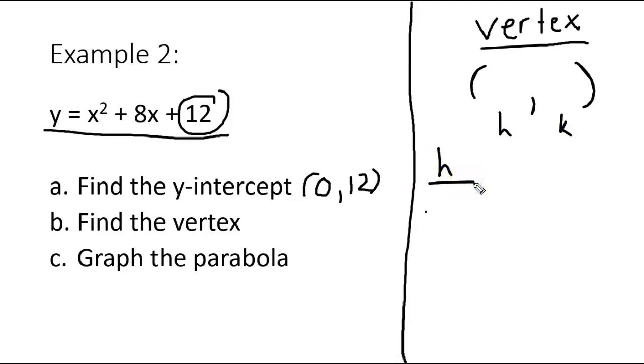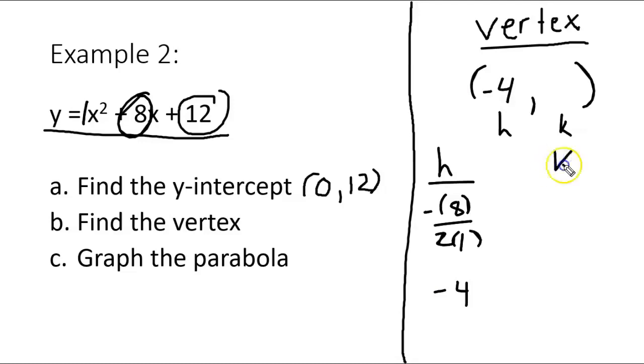The h value is found using the formula negative b over 2a. The b value in this case is 8, so I'm going to put 8 right here. And the a is not there, so that means it's a 1. So we have negative 8 divided by 2, which is negative 4. So I've just found the first part of my vertex, the x part, which is negative 4.